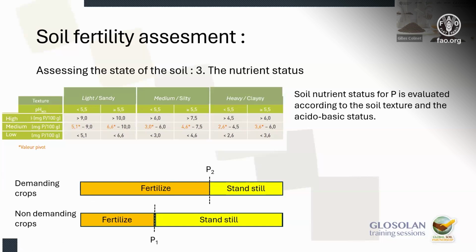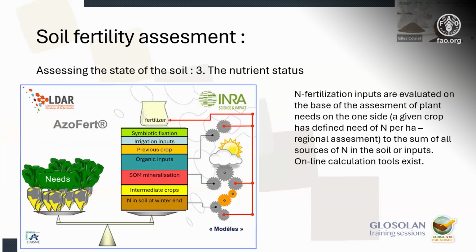So usually the system of fertilization now, in systems such as the one used in France, recognizes 2 levels, one for non-demanding crops and the other one for demanding crops. This is for now nitrogen.